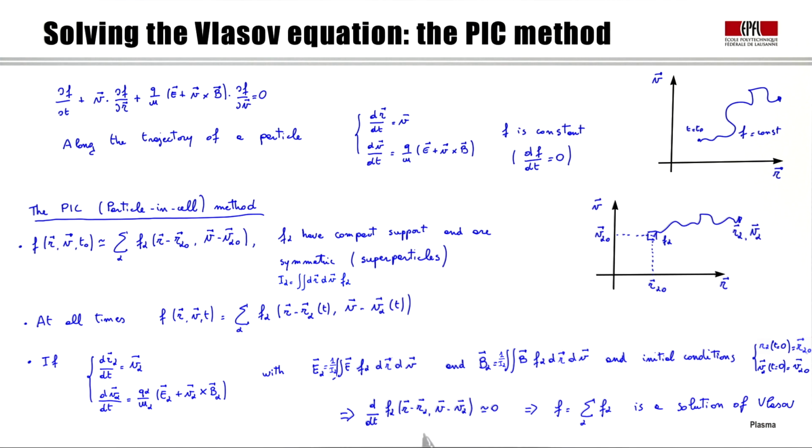And then once you have found R alpha and V alpha, you can evaluate the f alpha, sum them up, and what you obtain is an approximation of the distribution function at all times.